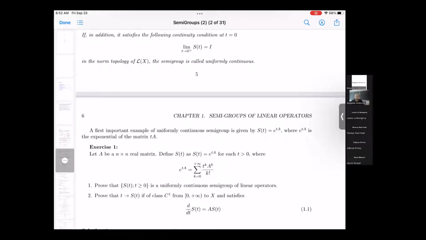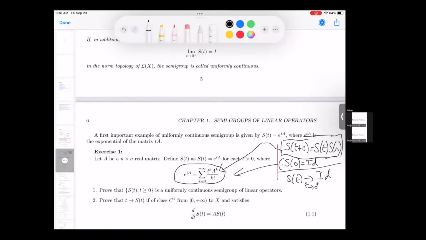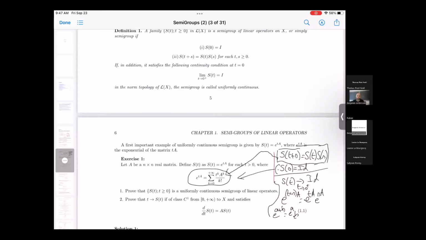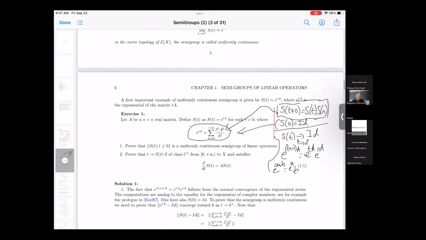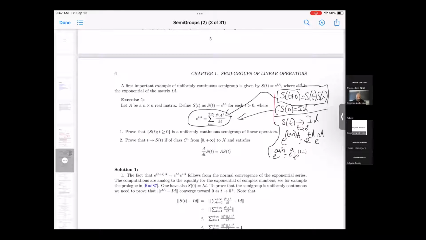All right. So to prove that it's a semigroup, first we need to prove that exponential of (t plus s)A equals exponential of tA times exponential of sA.